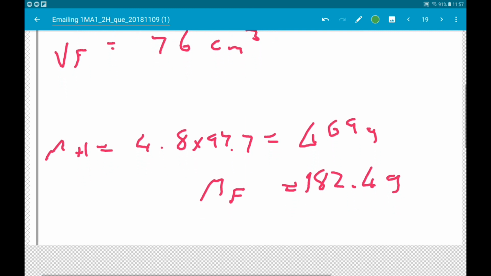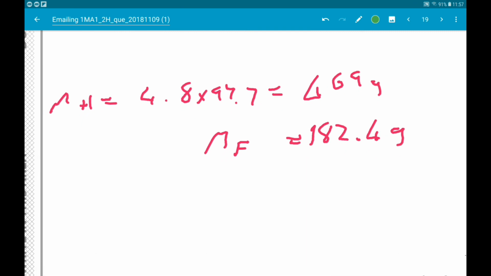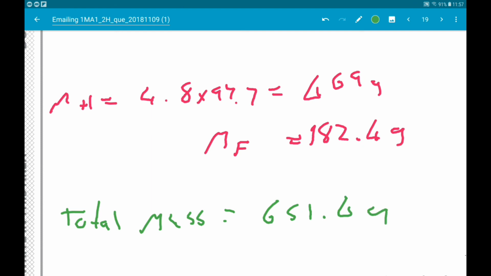So the total mass is these two numbers added together, so we get 651.4. So that's grams.